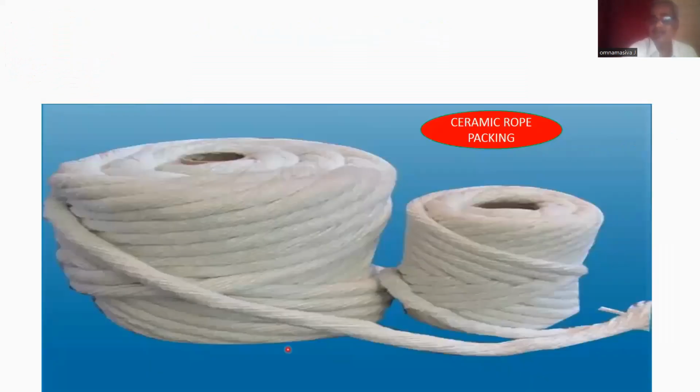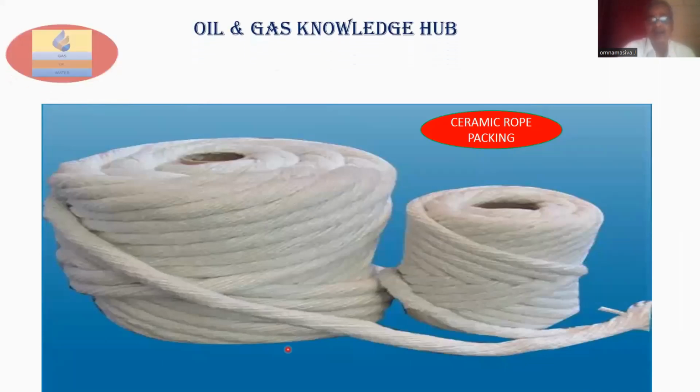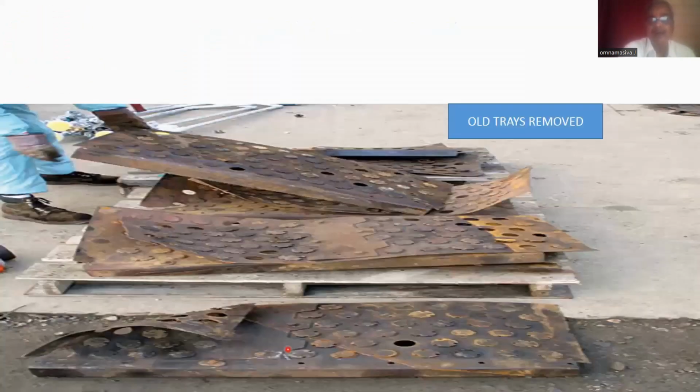And this is also a rope, simply a rope. Different companies will be there, and different sizes will be there. Ceramic wool rope package. You see this dismantled tray.